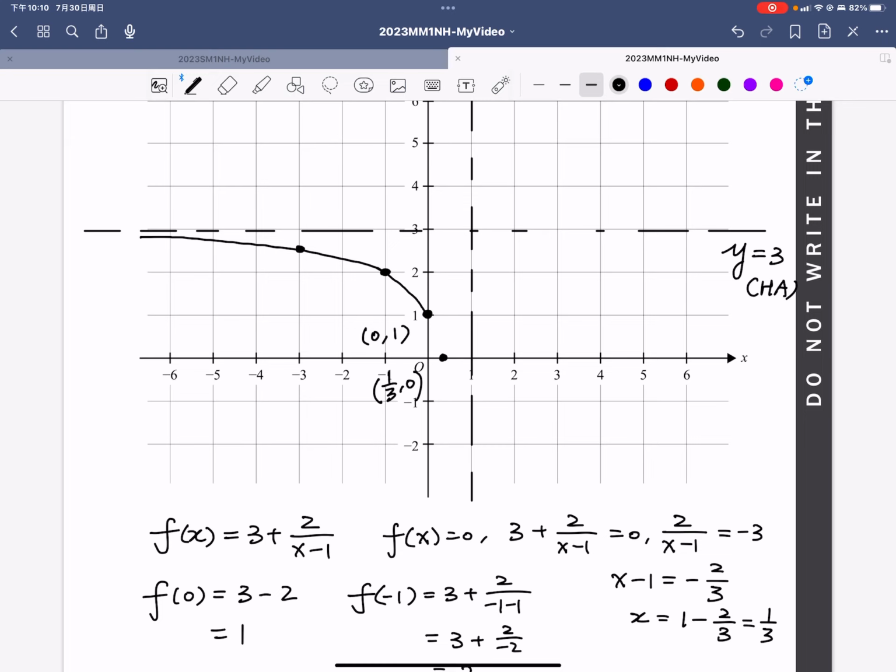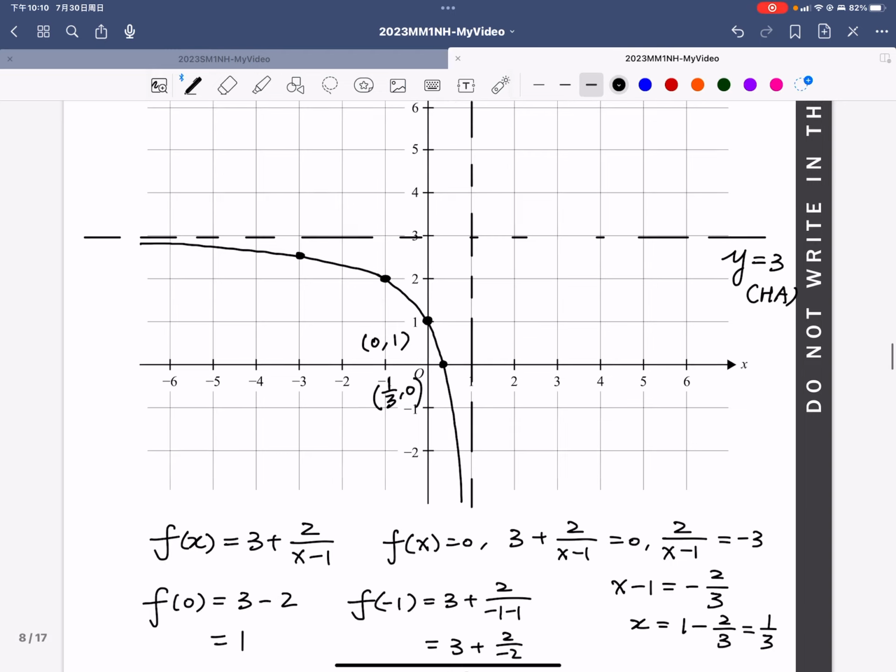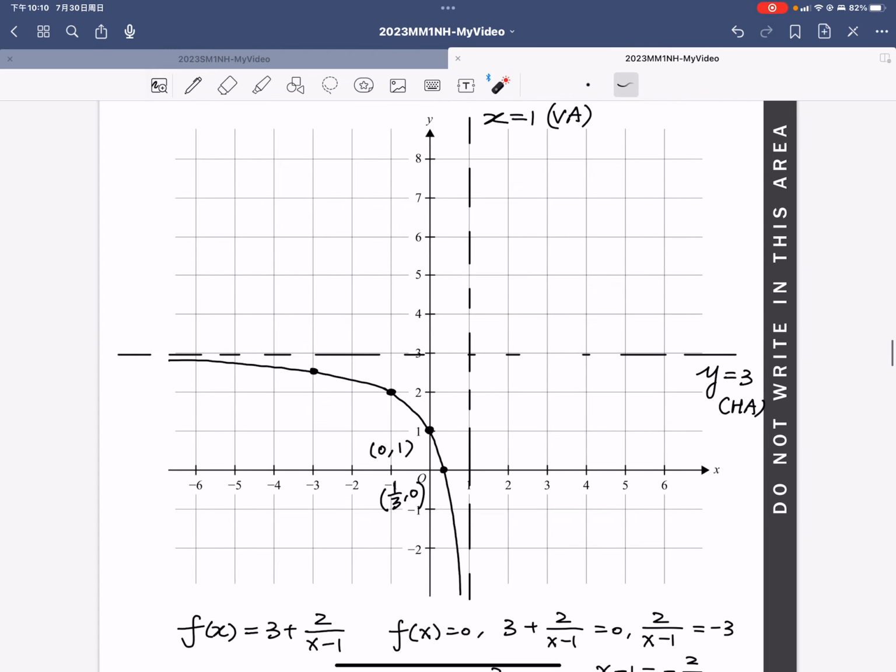Make sure I use nice curves to trace out the graph, okay? And using some sort of symmetry, you see, if I pick the 0, 1 here, the distance from this point to the intersection between two asymptotes, yep, I actually expect another point here.